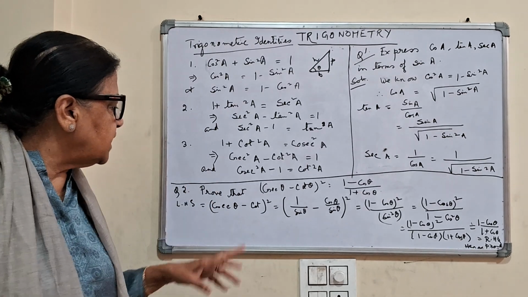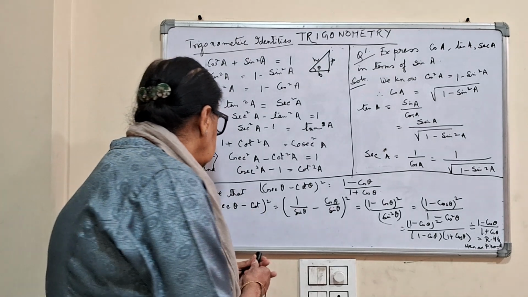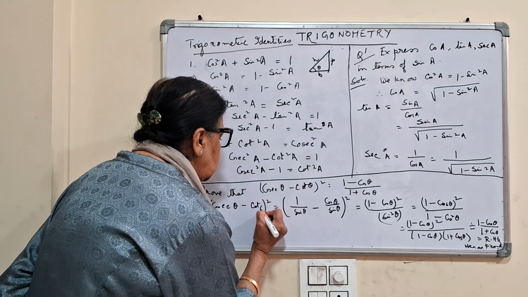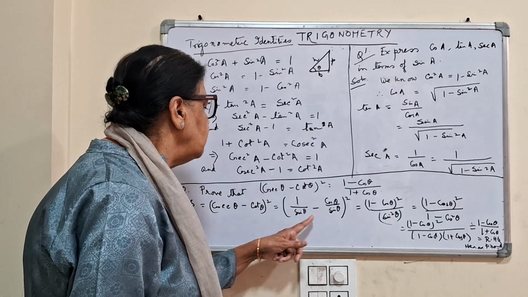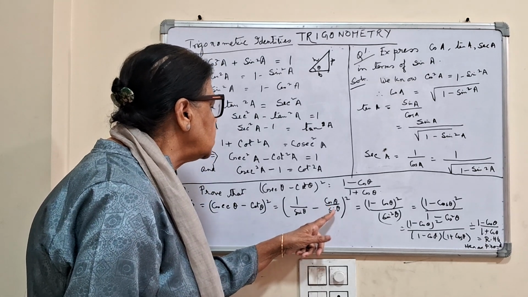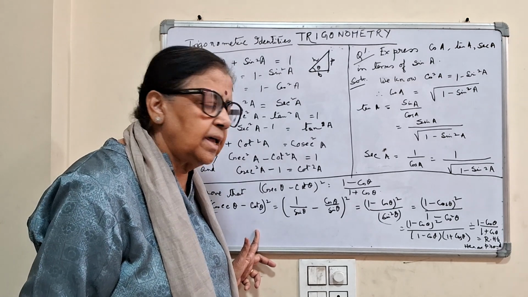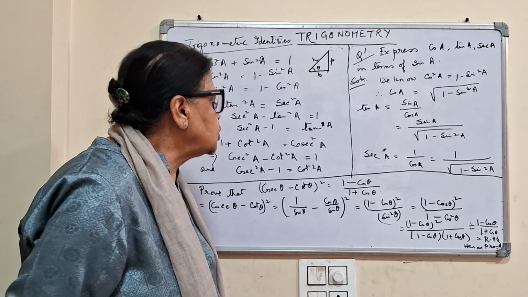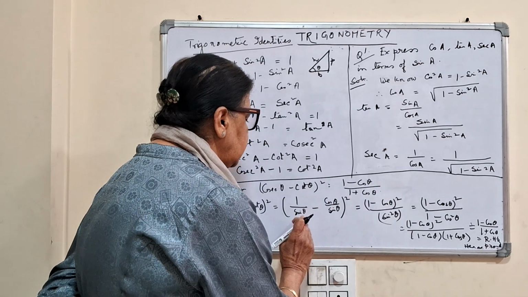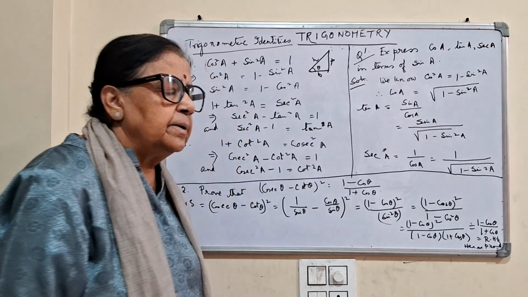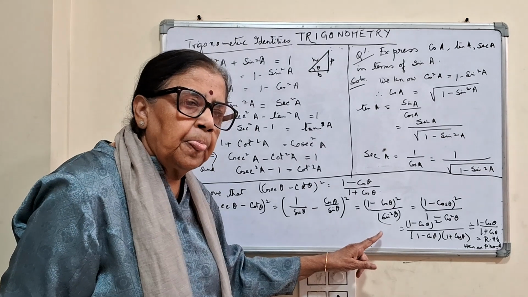That is cosec theta minus cot theta whole square, is equal to 1 upon sine theta minus cos theta upon sine theta, since cot theta is cos theta upon sine theta. Yes, whole square. Whole square means 1 minus cos theta whole square, and since the denominator is the same for both, it will be sine square theta.